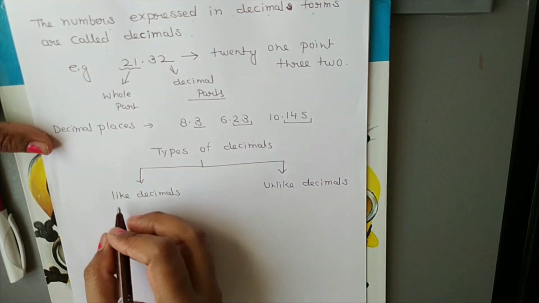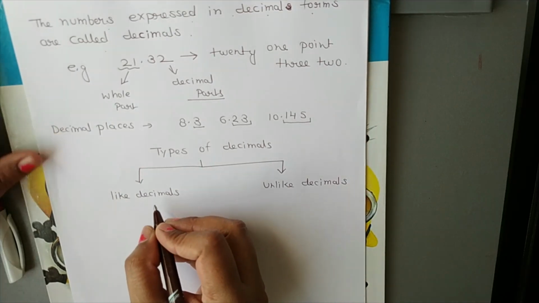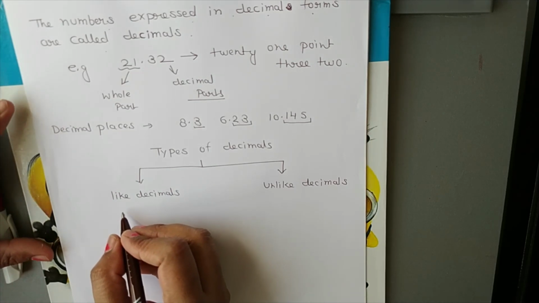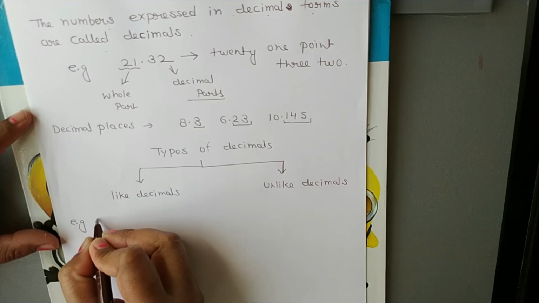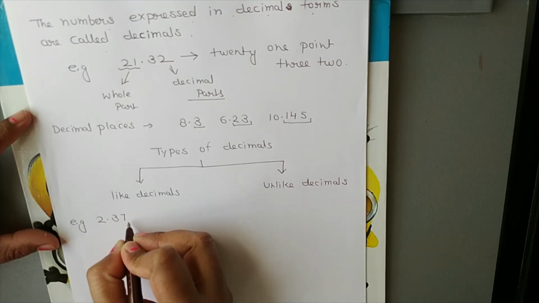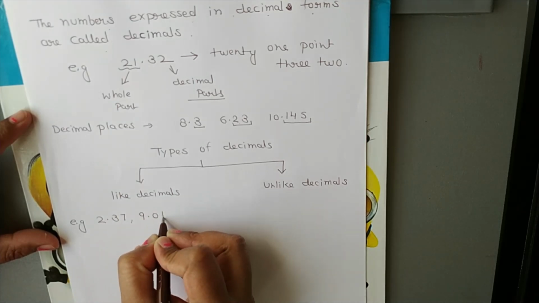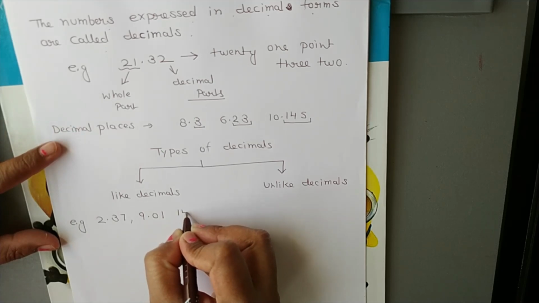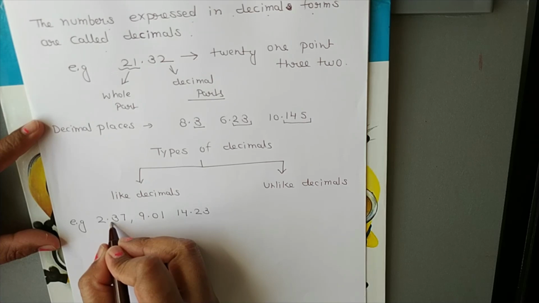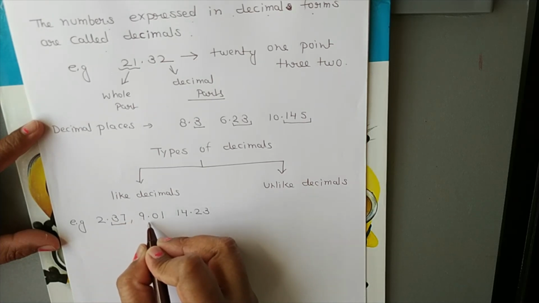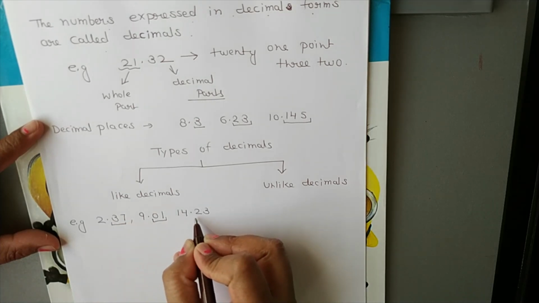Now the definition of like decimals: decimals having the same number of decimal places. For example, 2.37, 9.01 and 14.23 are like decimals because they have 2 digits after the decimal.